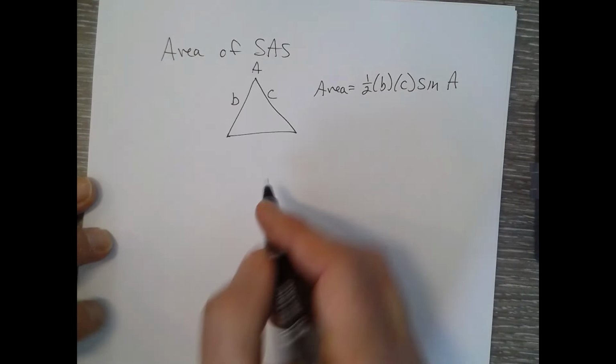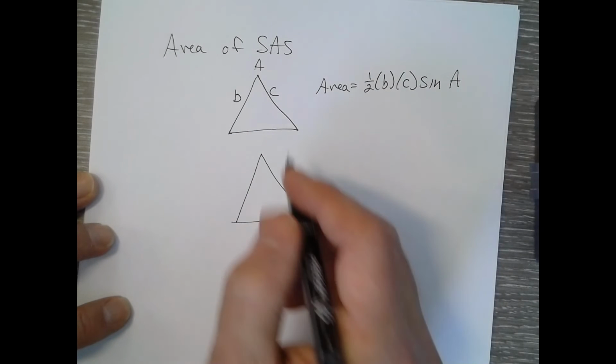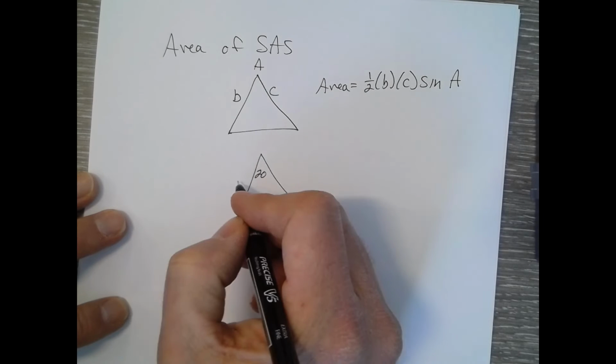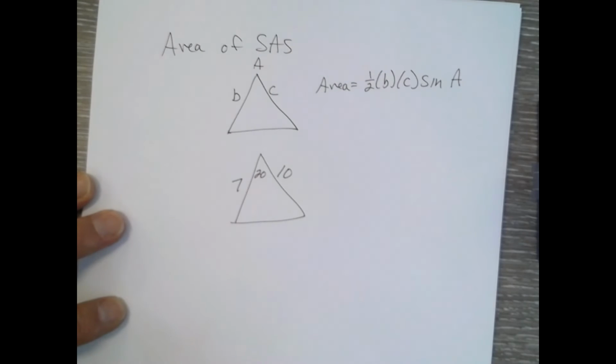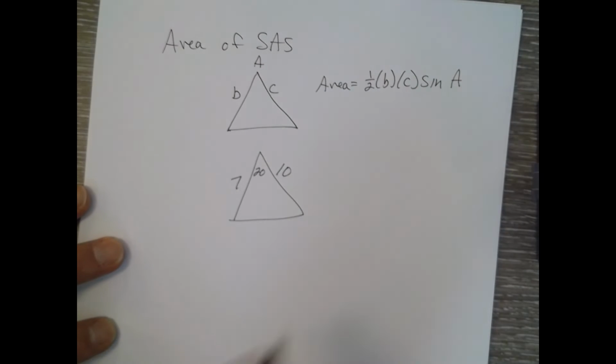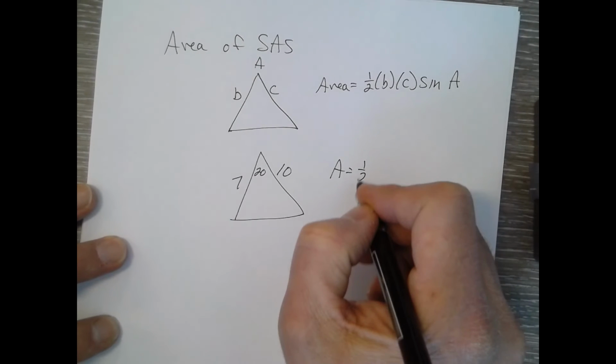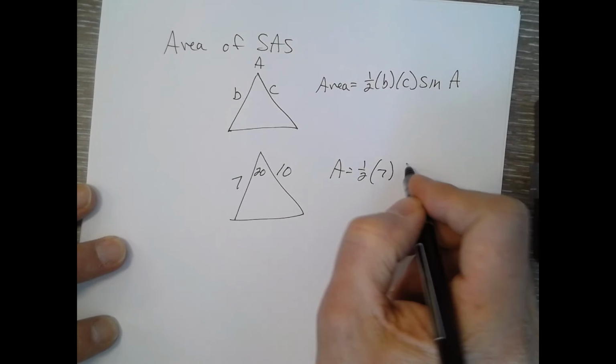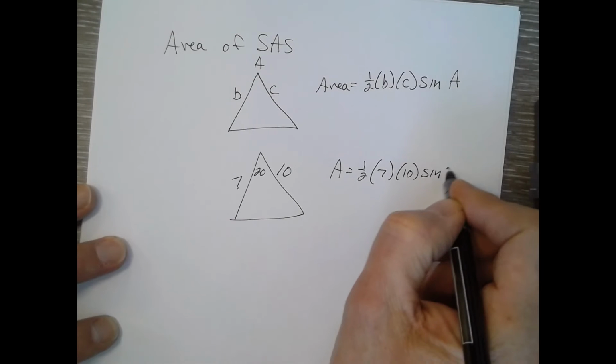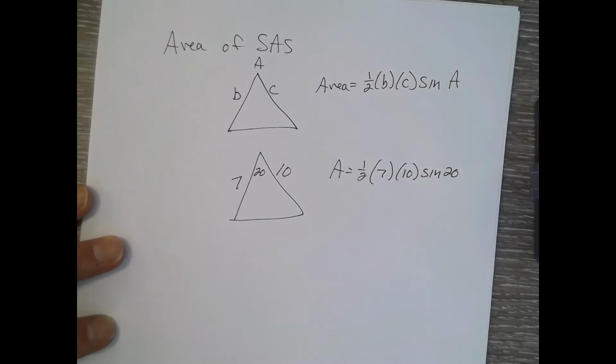If my triangle had a 20 degree angle, with sides 7 and 10, the area would be 1/2 times 7 times 10 times the sine of 20, in units squared. You just have to remember what the formula is.